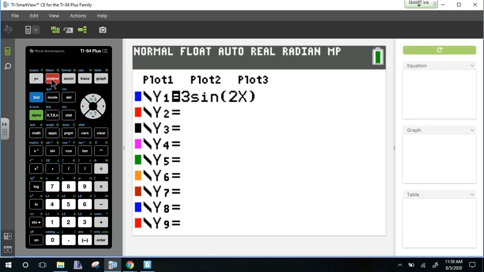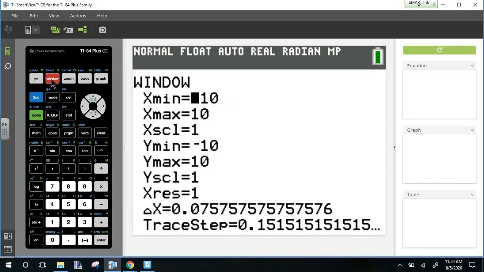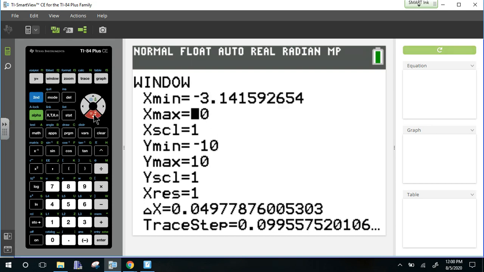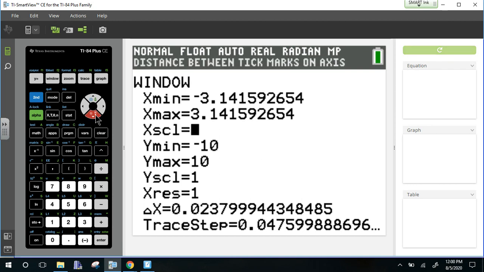So I go to window. Period gives me my x min and my x max. I want to go to negative pi to positive pi. Remember how we took pi and divided it by 4? And we got pi over 4 to make 4 points. So I'll make my x scale pi over 4.